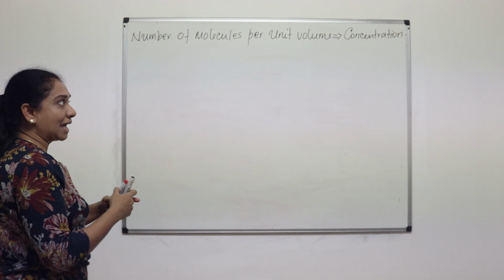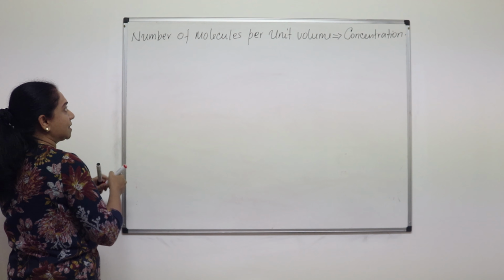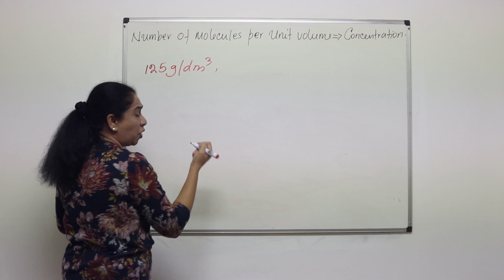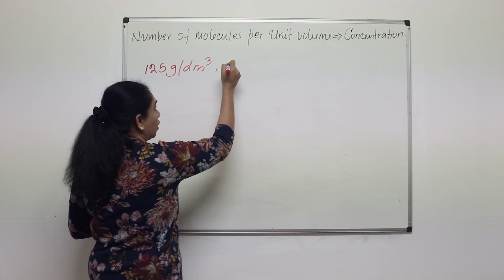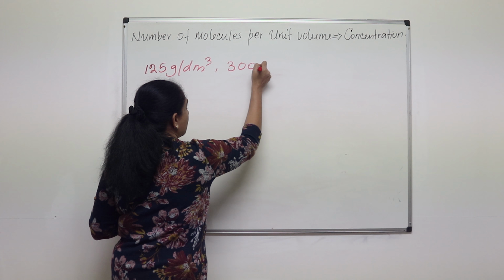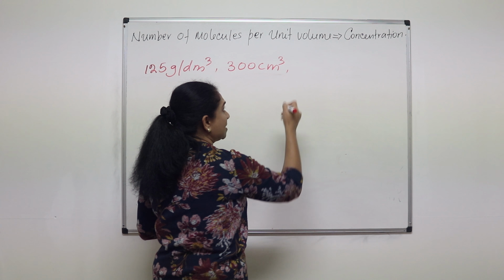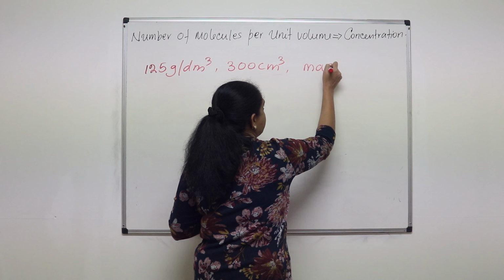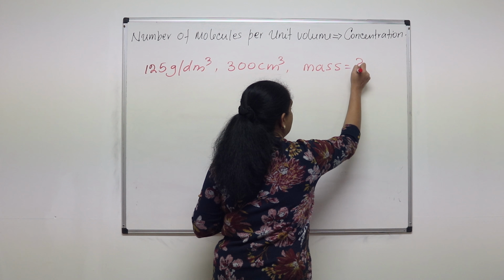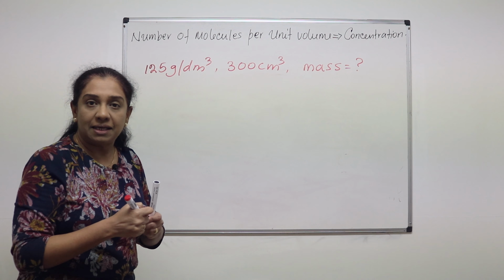So we did calculate a concentration of 125 grams per dm cube, and now we are going to use the volume of 300 cubic centimeters, and our question is to calculate the mass that is being dissolved to make this solution.